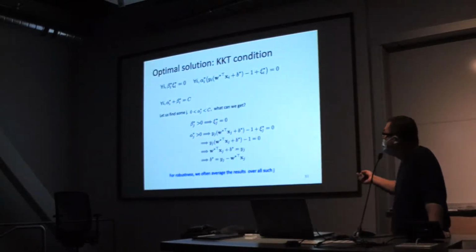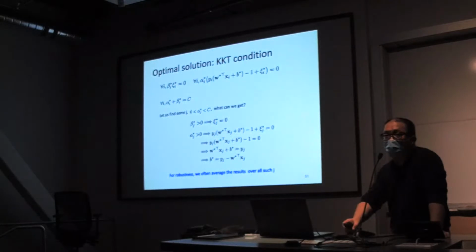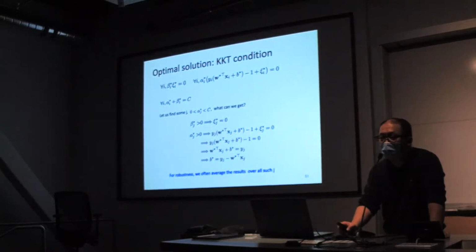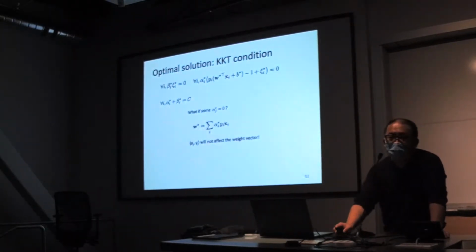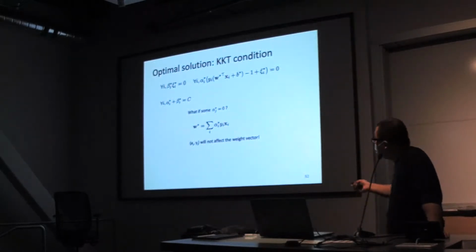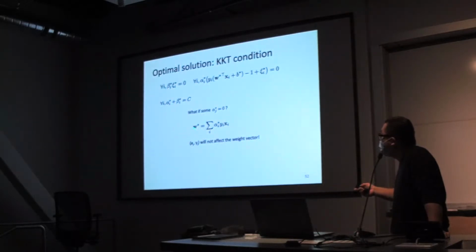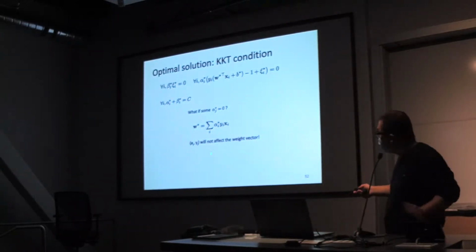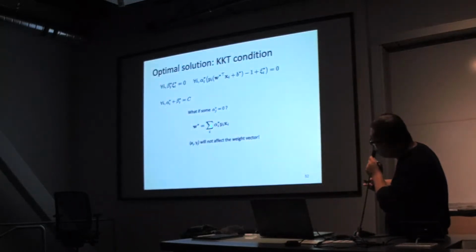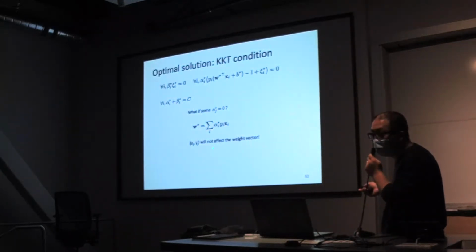Remember, the dual solution is mainly the optimal Lagrange multipliers alpha star. We want to look into the structure reflected in the optimal weight vector W. From this, we can see that given the optimal solution for the Lagrange multipliers, the optimal weight vector is a weighted summation of all the training inputs, right? And each training input Xi is weighted by alpha i star, of course, multiplied by the label Yi, right?